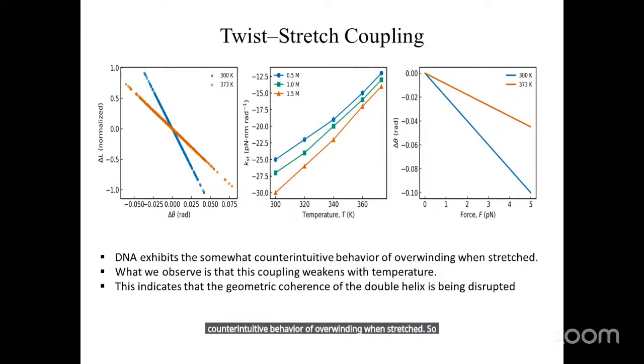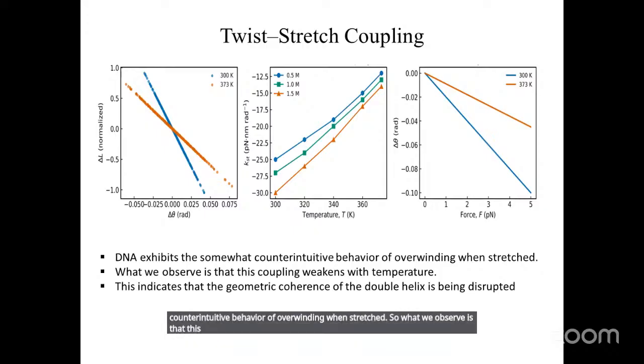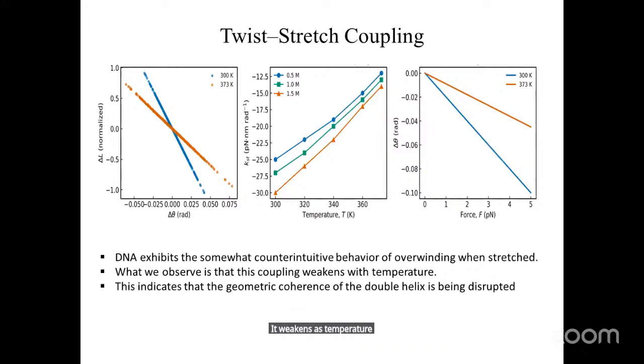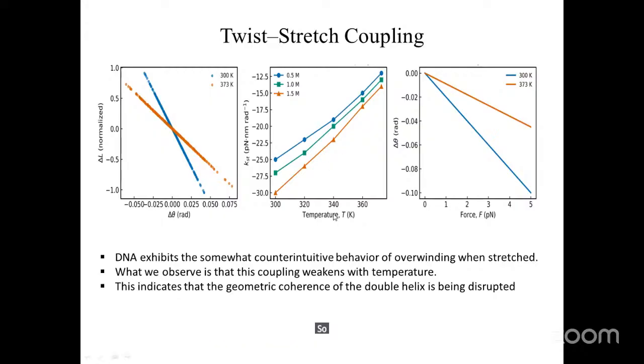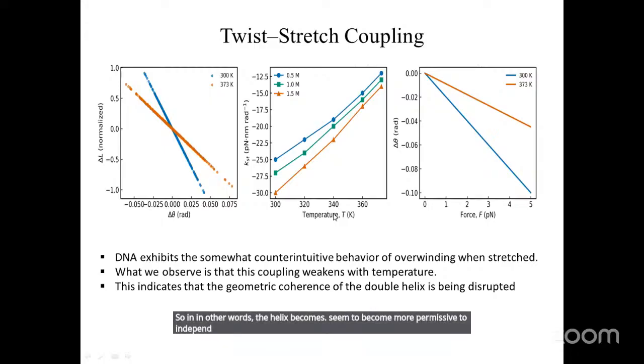So what we observe is that this coupling weakens as temperature increases, and this is an indication that the geometric coherence of the double helix is being disrupted. So in other words, the helix seems to become more permissive to independent twist and stretch fluctuations.